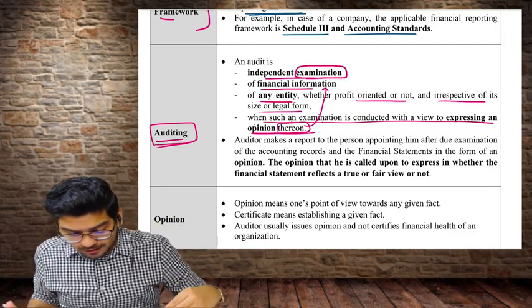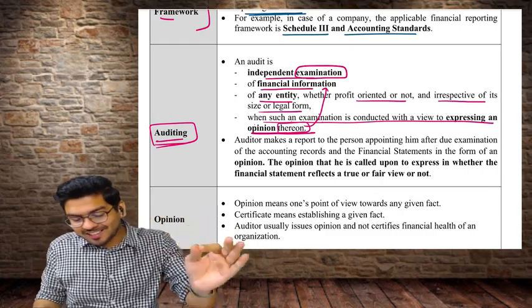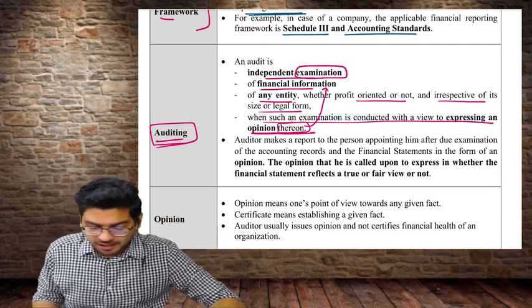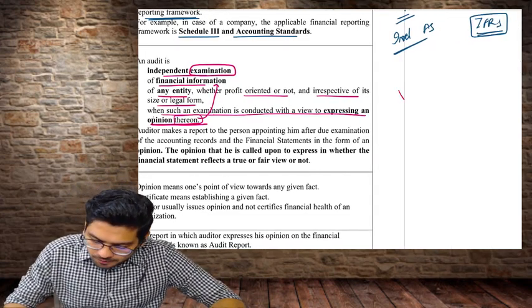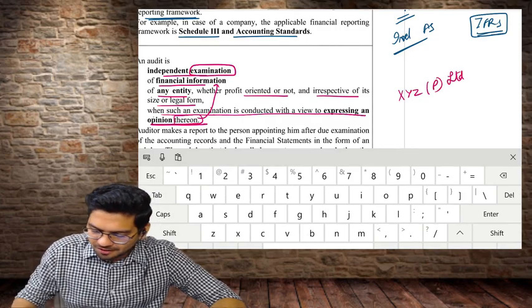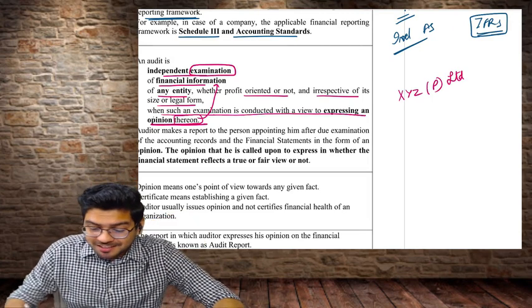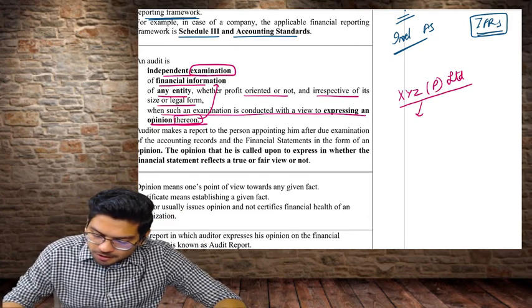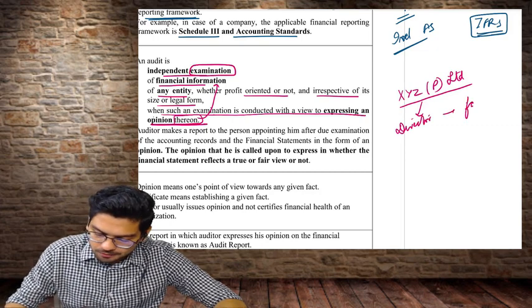Now let us understand each of these words. First, audit is an independent examination. Now let us say XYZ Private Limited is an entity where I am the auditor. But in this entity, the director of the company is my father.